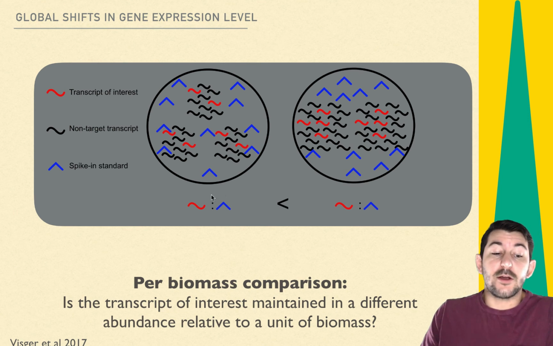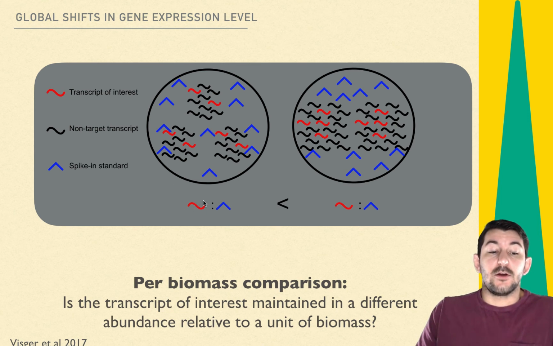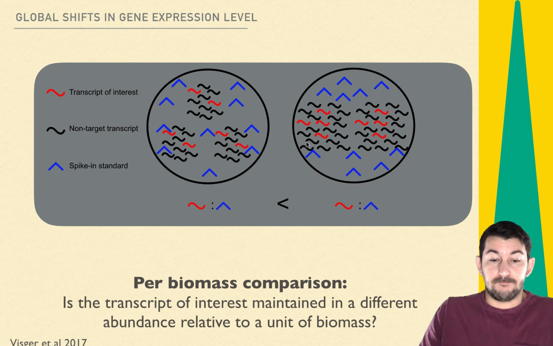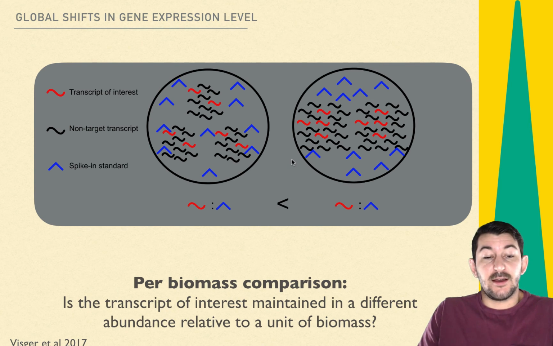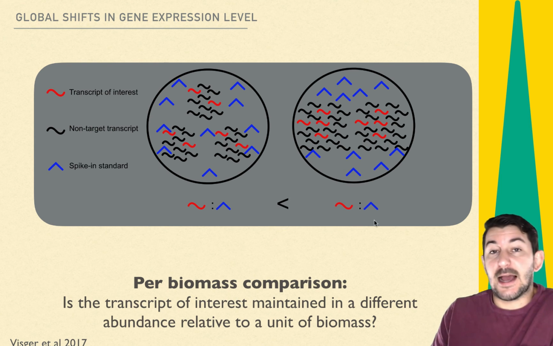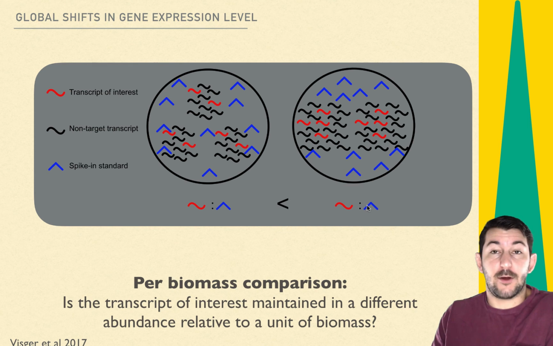And now we are basically comparing the number of transcripts per unit of biomass between these two groups. And here we're going to see that there were 6 across these 3 cells within this unit of biomass, but there were 8 across these 2 cells within this unit of biomass. So we would call this as being significantly higher expression per unit of biomass.